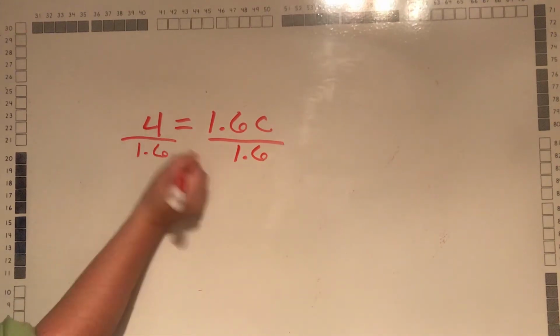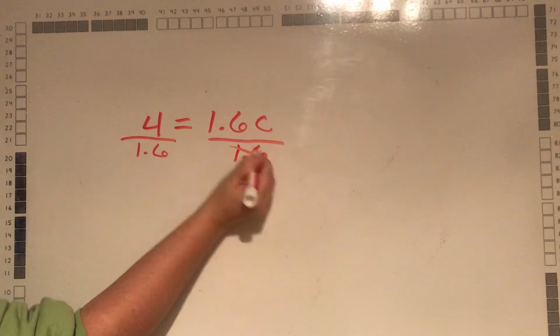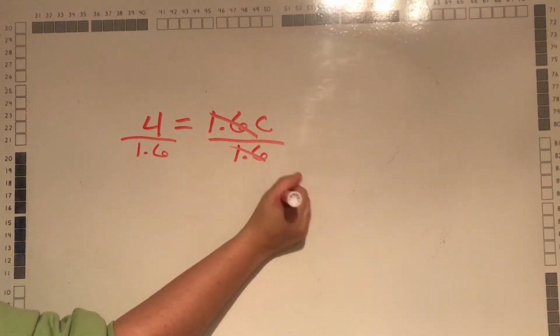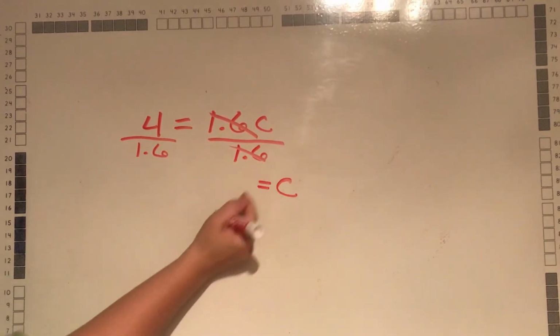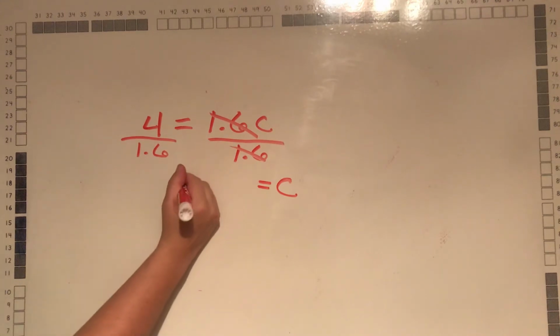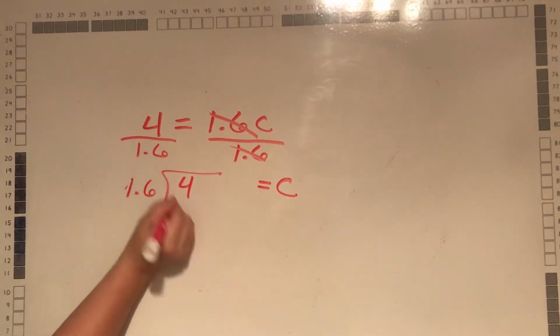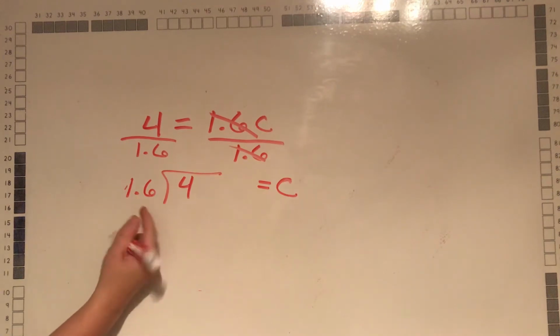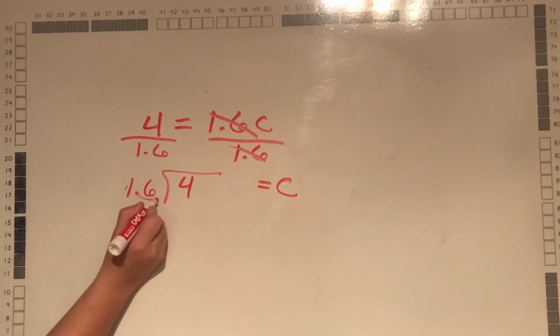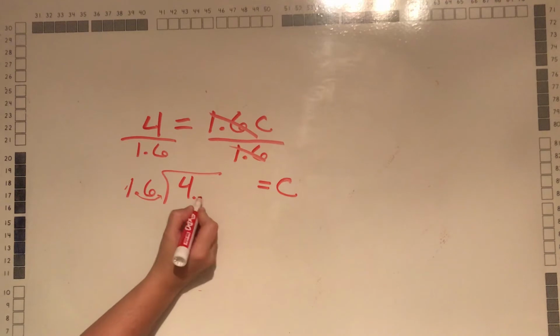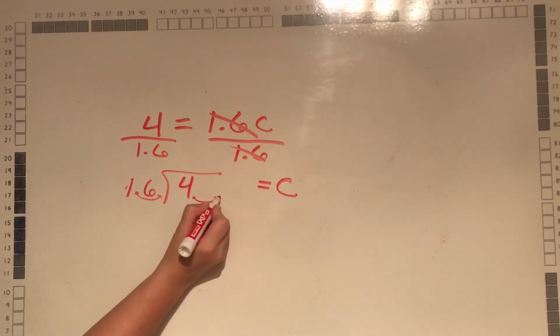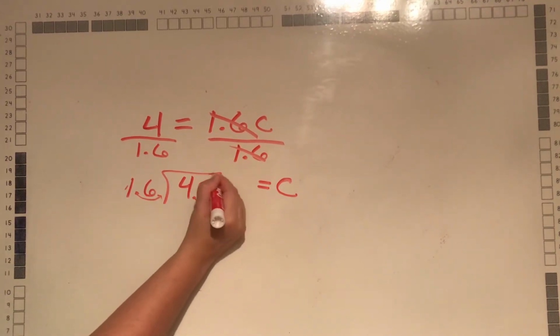Divide that by 1.6. This cancels out, leaving us over here a c. Over here we have a 4 divided by 1.6. When we divide with decimals, remember we need to move our decimal point over. And we have to do that over here as well, which gives us this.